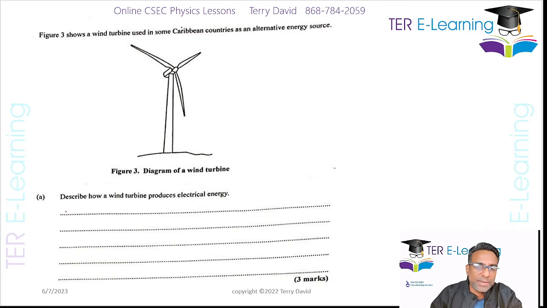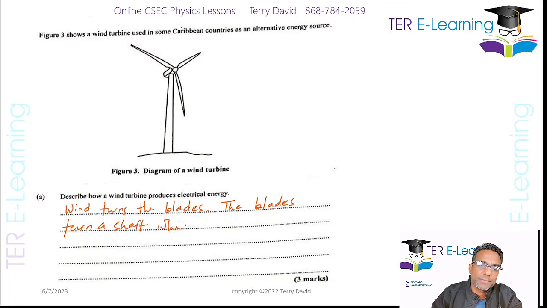So basically, wind blows this thing. So the wind turns the blades. The blades turn a shaft, which is connected to a turbine.